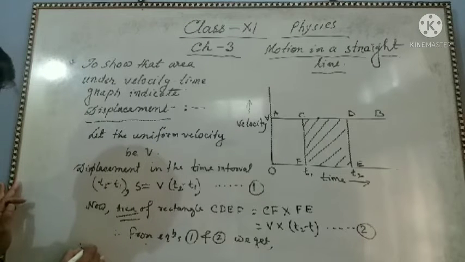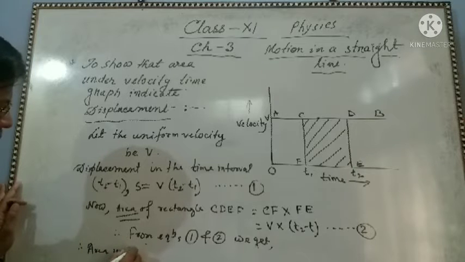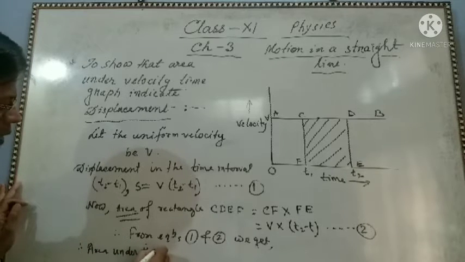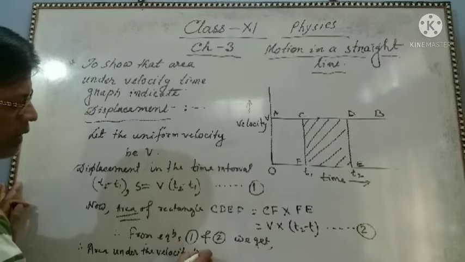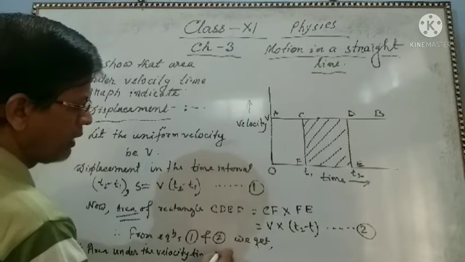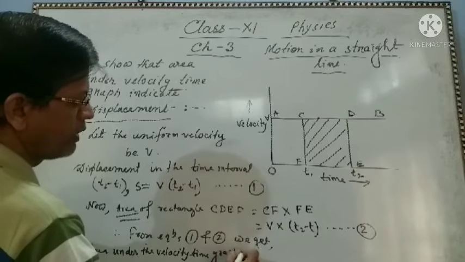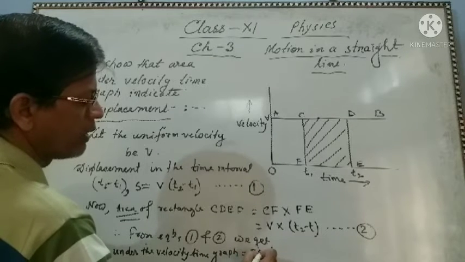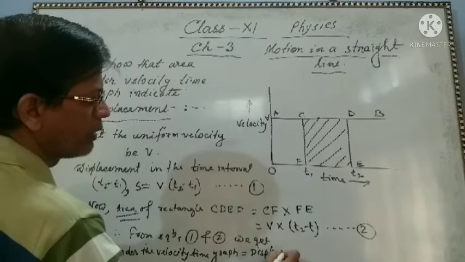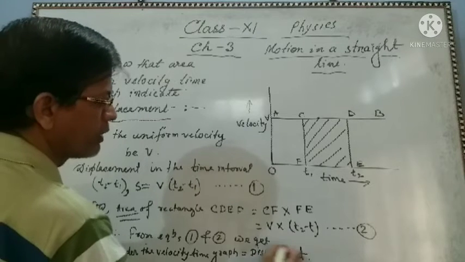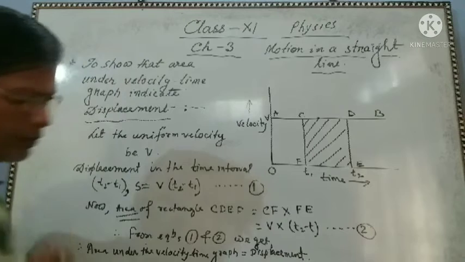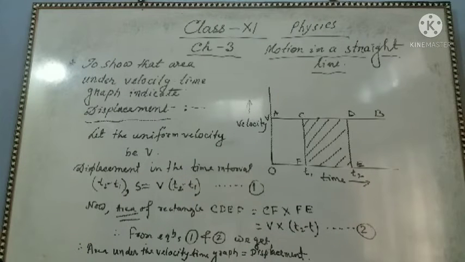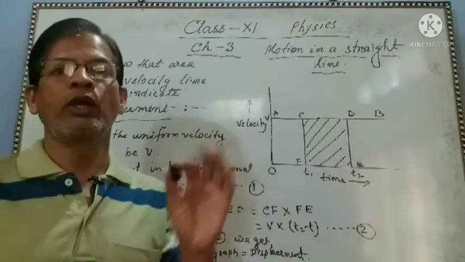Therefore, area under the velocity time graph equals displacement.